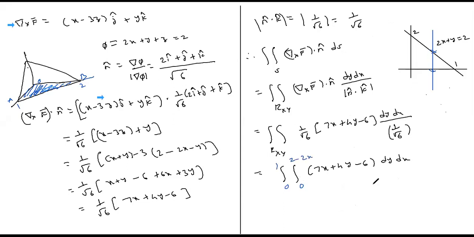And if you do the integration, you will notice that this is going to be minus 1, just a usual integration. So therefore you can say that integral over c f bar dot dr bar is equal to surface integral over s curl f bar dot n bar ds, and therefore you can say Stokes theorem is verified.